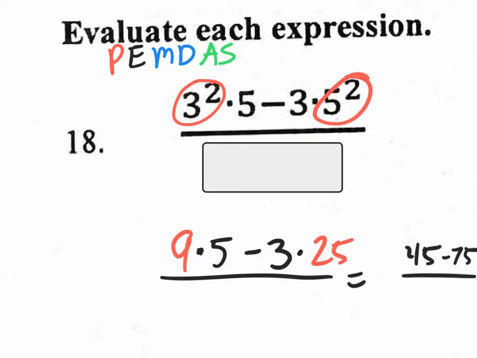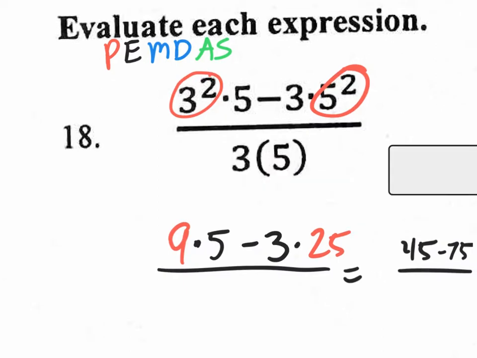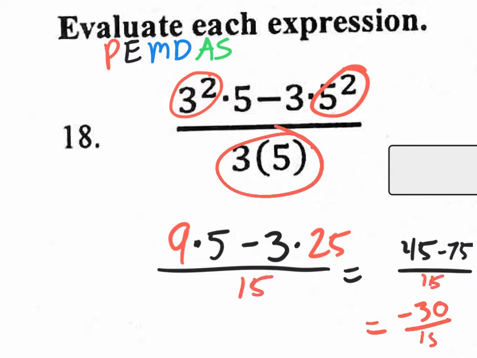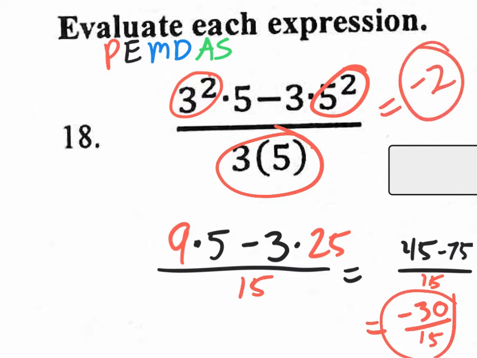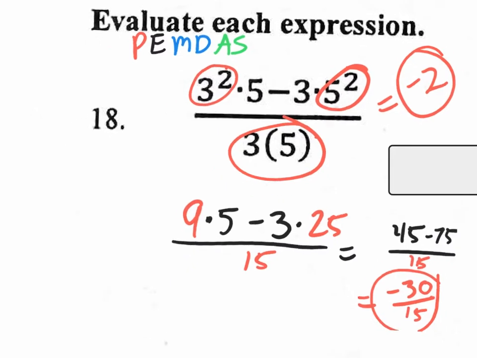So up on top we have negative 30. And on the bottom, 3 times 5 is 15. So what we really have is negative 30 divided by 15. That answer is negative 2. So the answer to number 18 is negative 2.